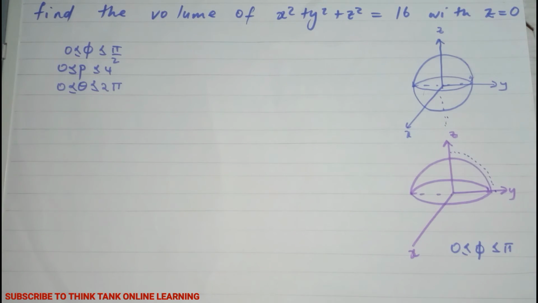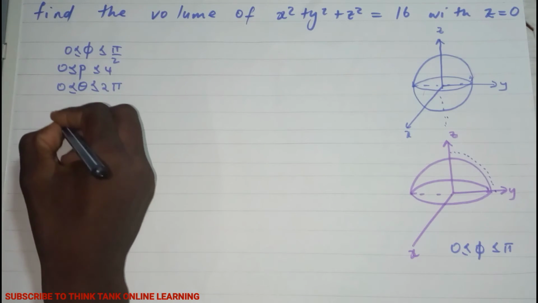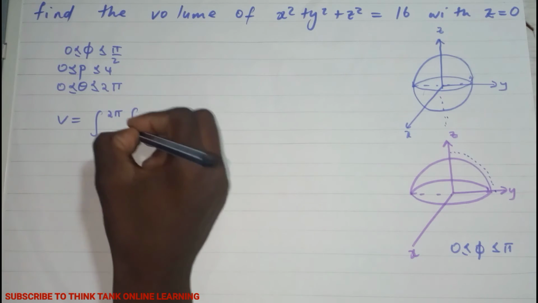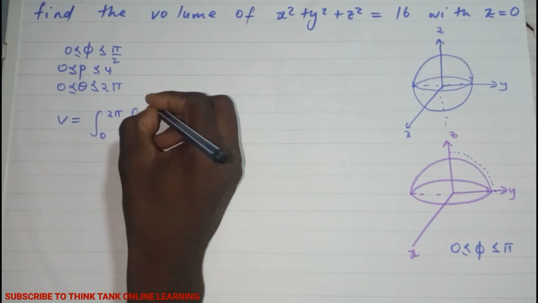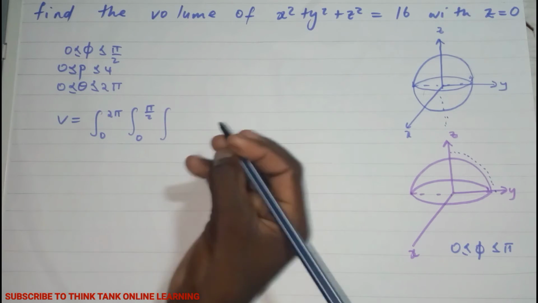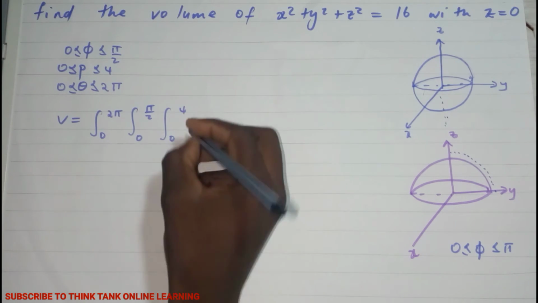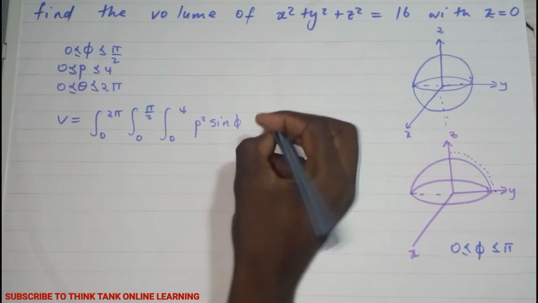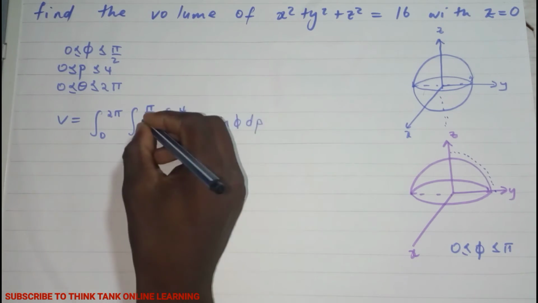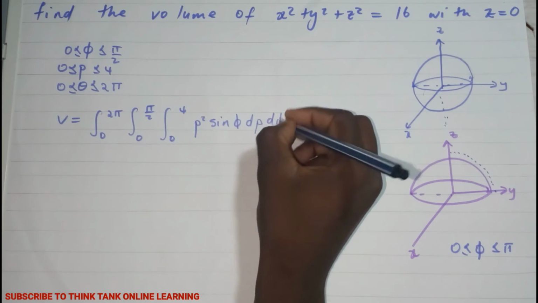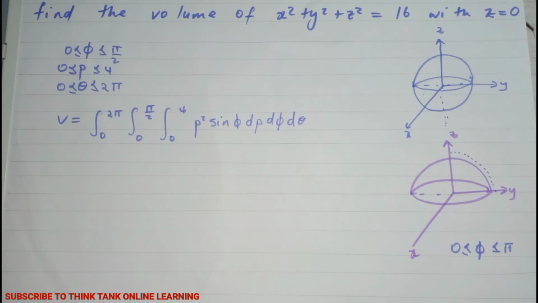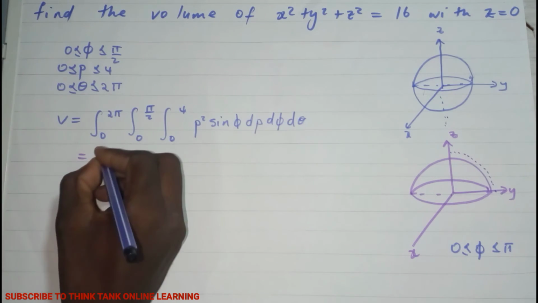Now our triple integral for the volume is equal to 0 to 2 pi, that is for the angle theta, 0 to pi upon 2, that is for phi, then 0 to 4, that is for rho, with our Jacobian rho squared sine phi, d rho d phi d theta.